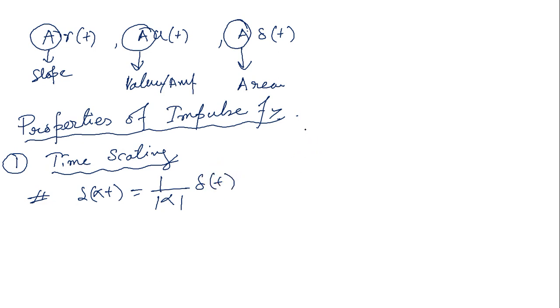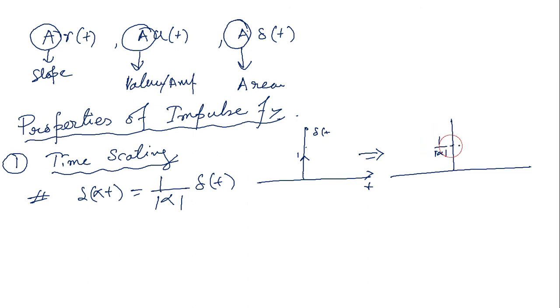So if it is an impulse function, say 1 delta t, it becomes 1 by mod alpha. That means the area of the impulse changes from 1 to 1 by alpha.